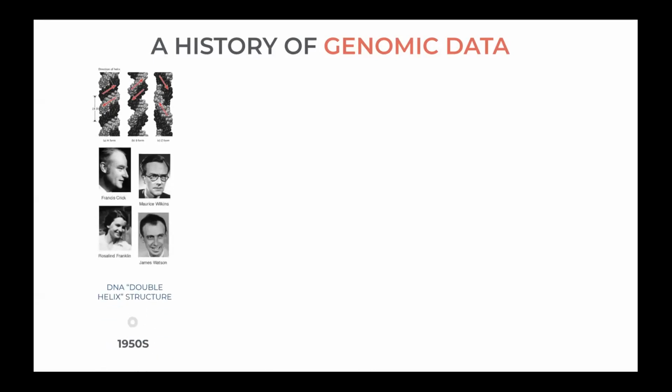And as a result of that discovery, we understood that the way that this data is recorded in the DNA has to do with a sequence. And that sequence of DNA, the nucleotides in the DNA, is really what we call today genomic data.